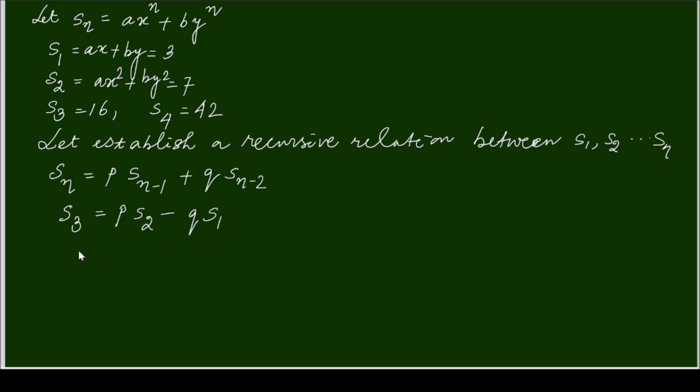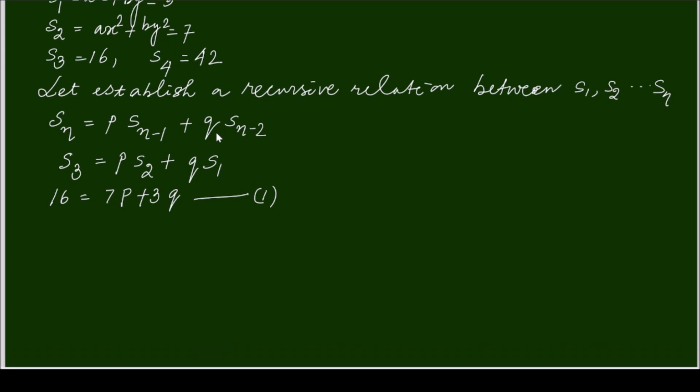So getting 16 equals S2 is 7P minus 3Q. It's not minus, so very sorry, it will be plus. Let me name it equation 1. Next I am coming for S4.